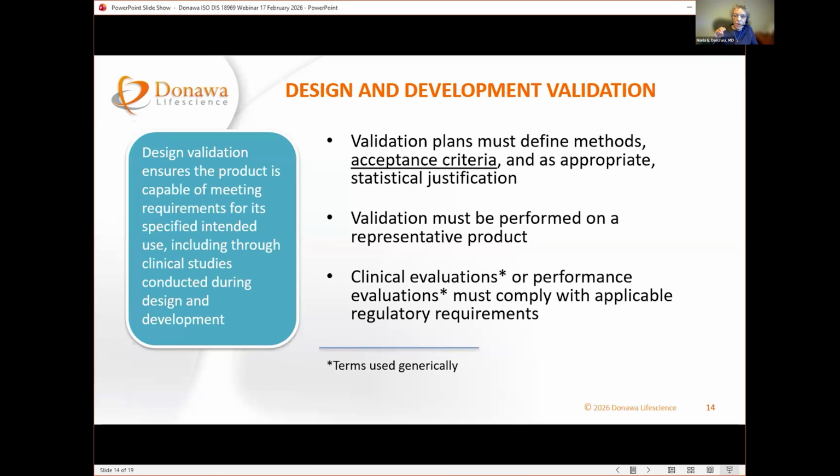It's not referring to what we are facing in Europe as clinical evaluation or performance evaluation. So the point that I wanted to make here is that the design validation process is where, in terms of clinical studies, it's the stage where you are showing that the device meets the requirements that are consistent with its intended use.